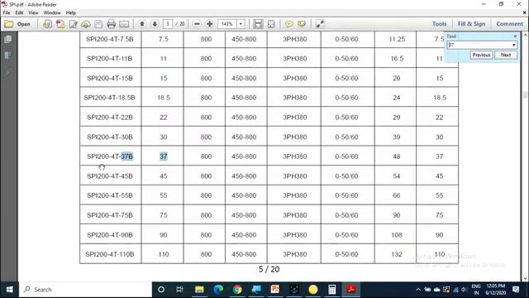So see, I have chosen this model. This is the SPI solar pump inverter 200 40 37B. That means rated power is 37 kilowatt.